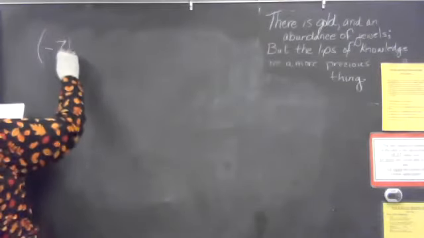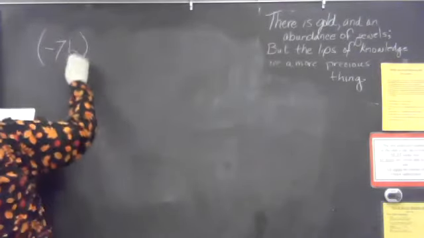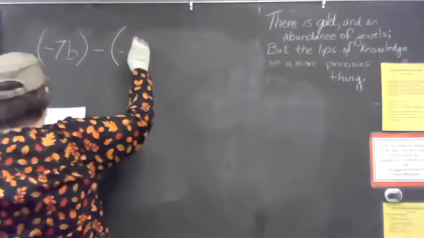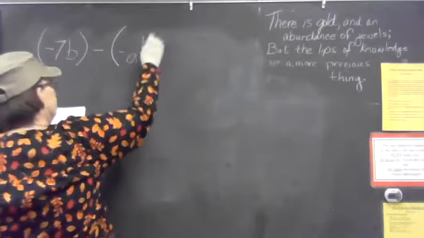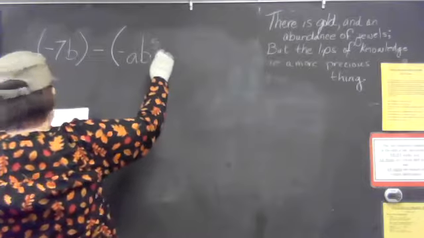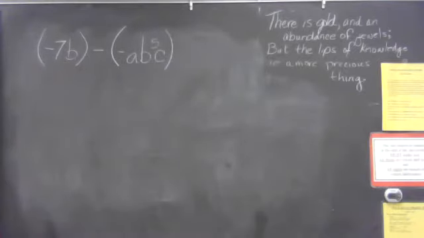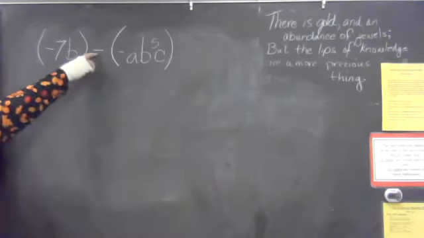Negative 7b minus negative a b to the 5th c. Notice that it's in parentheses, and most of them that you see will be in parentheses, okay? If they're not, you need to put the separate ones in parentheses, especially with the minus.